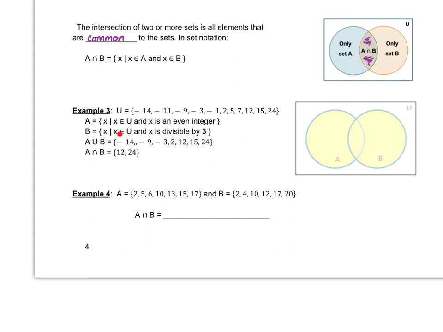B is the elements of our universal set where X is divisible by 3. Then the union is going to be right here. There's a little typo right here. And then the intersection points are going to be 12 and 24.